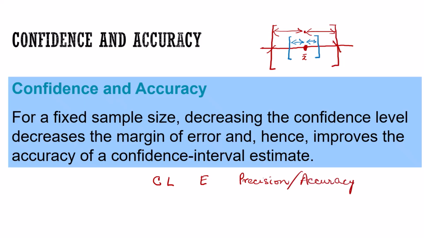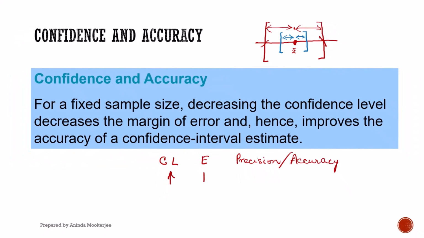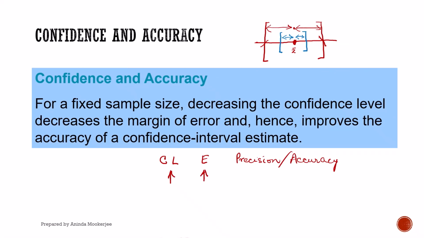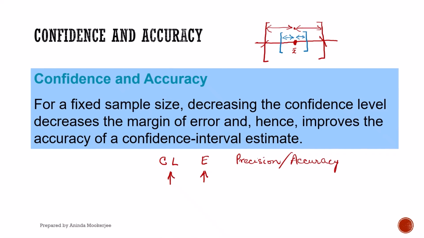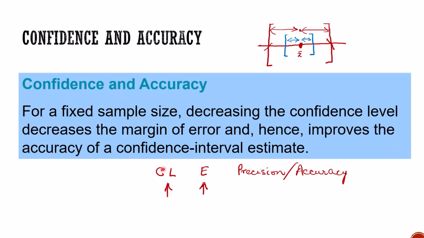As the confidence level is increased, the margin of error is increased, and vice versa. As the margin of error is increased, the confidence level is also increased. However, the precision or accuracy drops. As the confidence level is decreased, the margin of error is decreased, but the precision level goes up, improves.